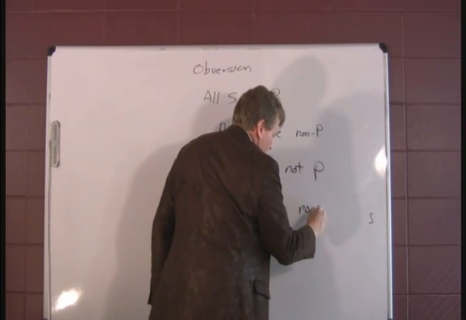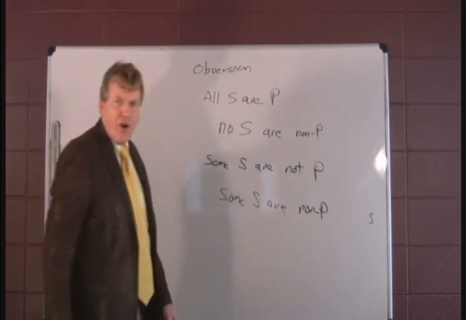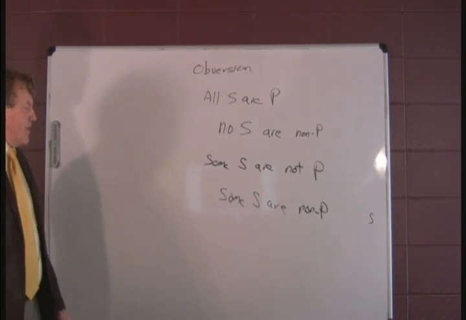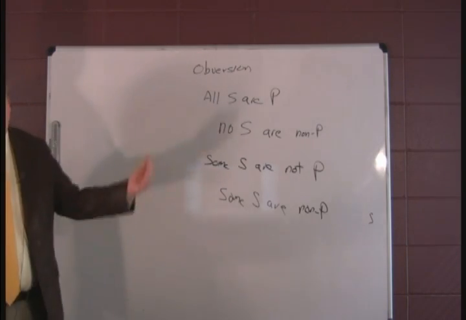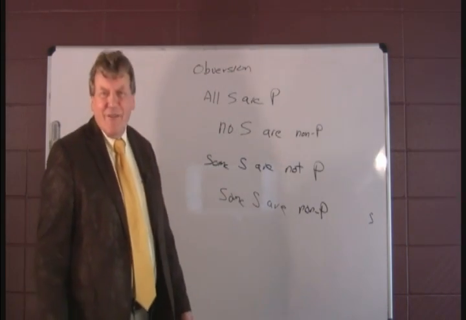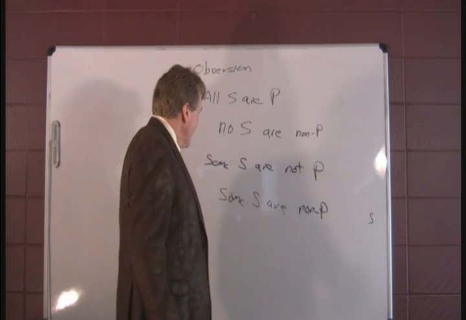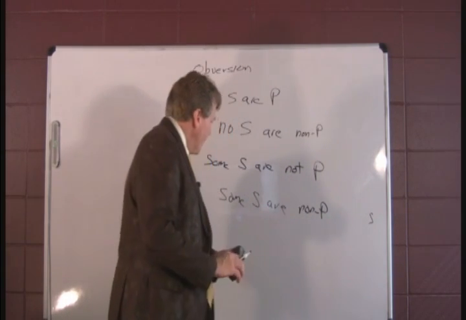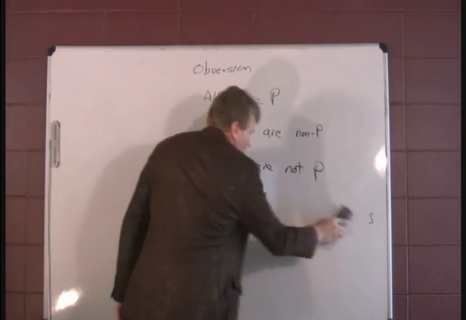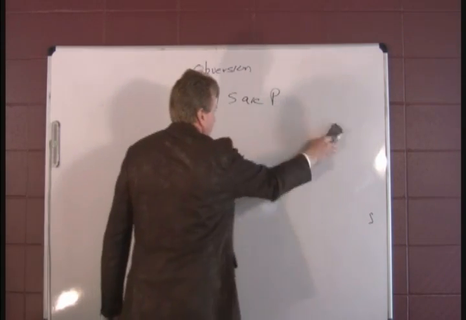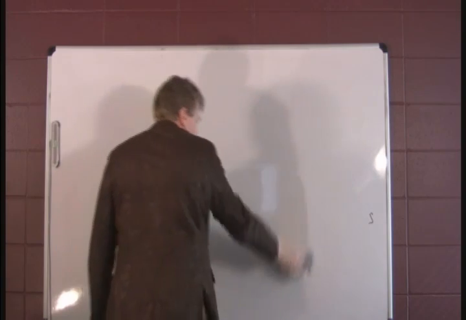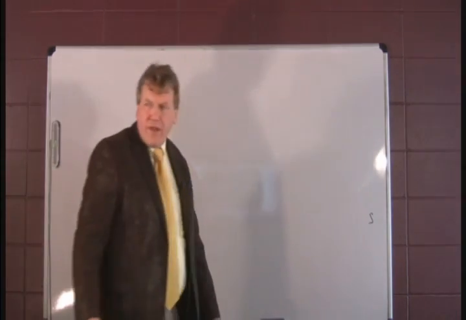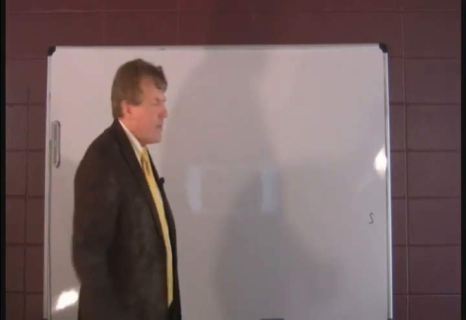You're going to say, whoa. So I get to use a version, and I go from some S are not P to some S are non-P. Well, yes, that's what you have to do. You have to use a version here, and you can derive this.